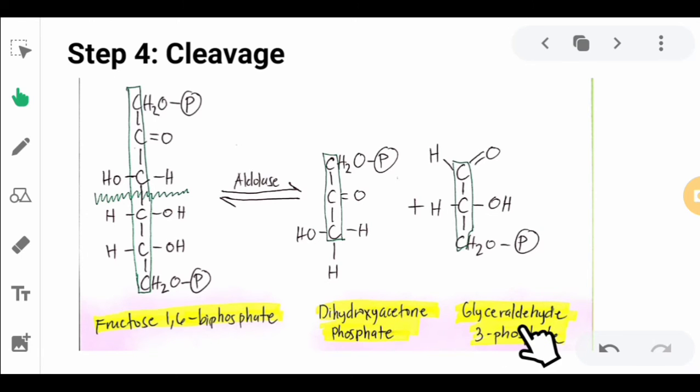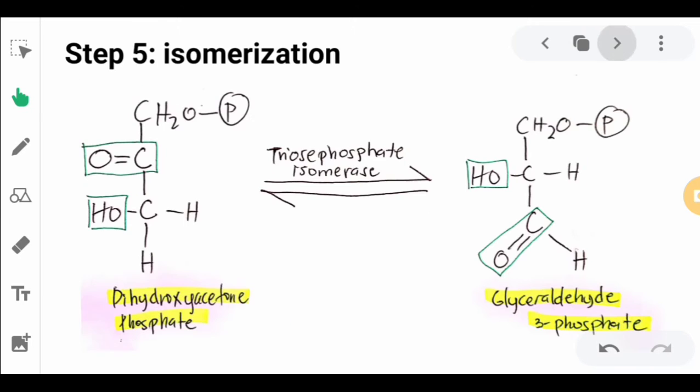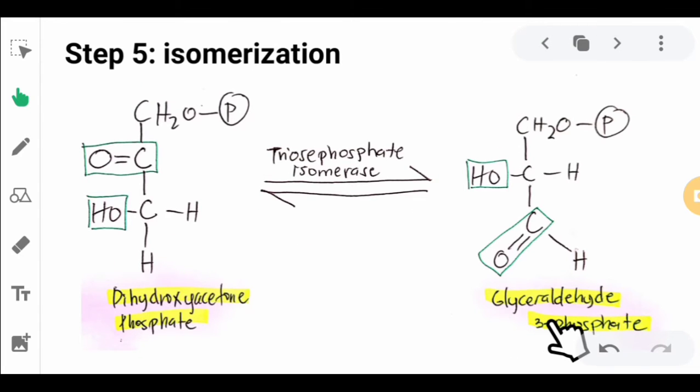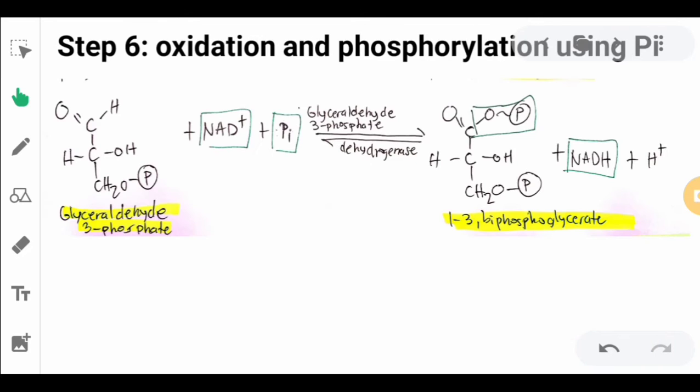So, there are 2 glyceraldehyde 3-phosphate that will undergo steps 6 to 10. I want to emphasize that.